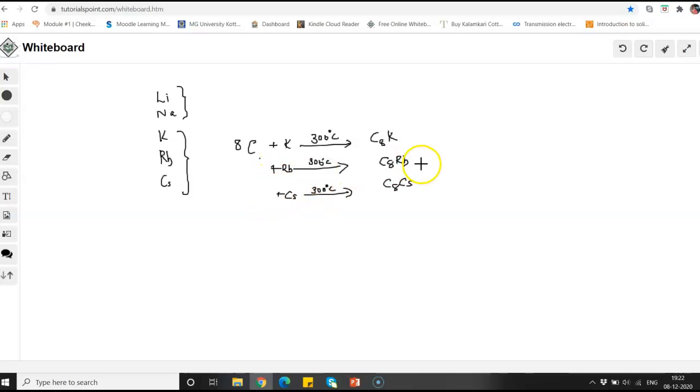However, you can take extra pure graphite, and in all these cases you are taking graphite, and react it with lithium at 500 degrees Celsius in order to get brass colored C6Li and copper colored C12Li.